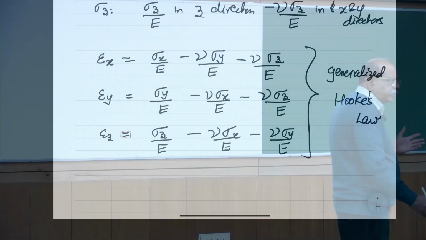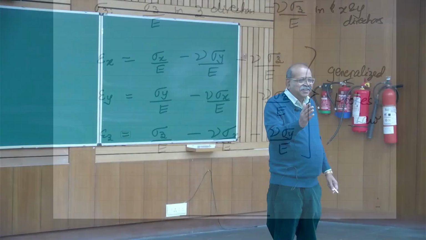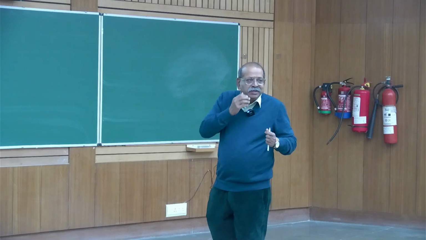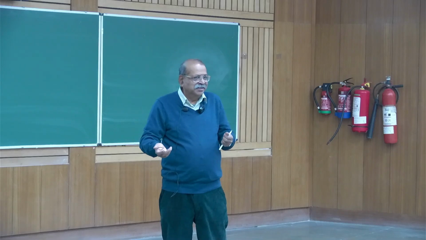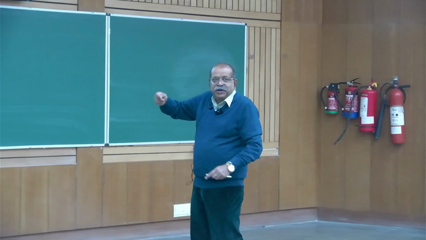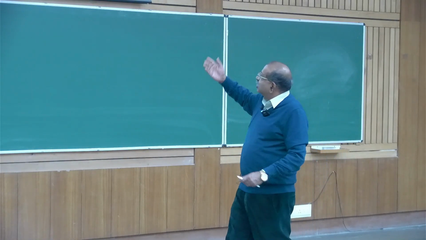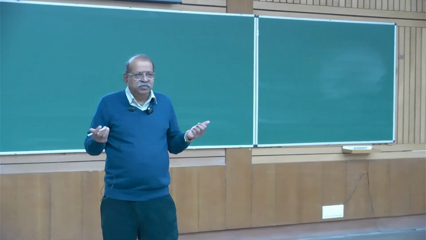Okay? So, as you can see, we are advancing from high school physics. High school physics told us that stress upon strain is equal to E. Now, we have introduced another parameter nu, and then we get a relation between stress and strain in terms of E and nu.